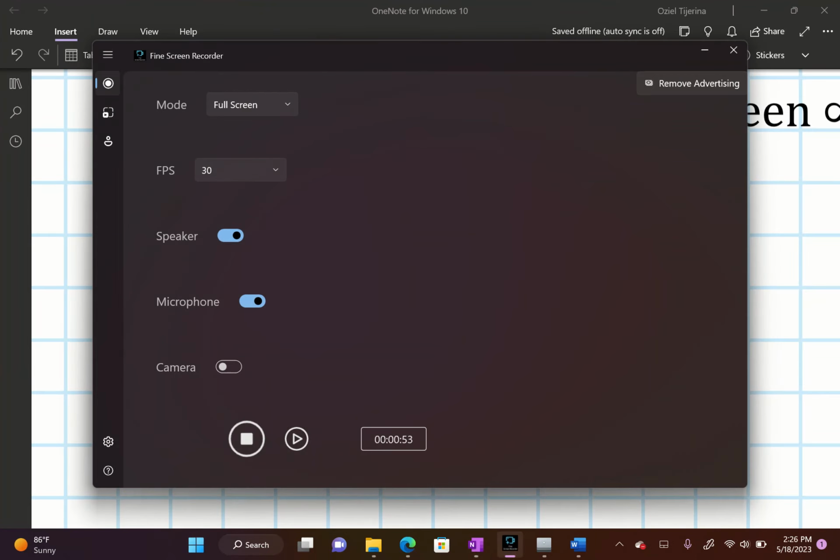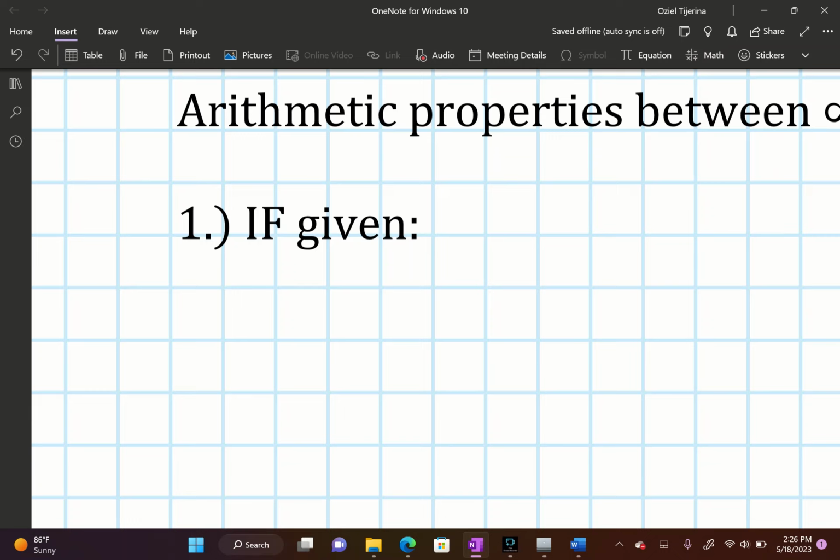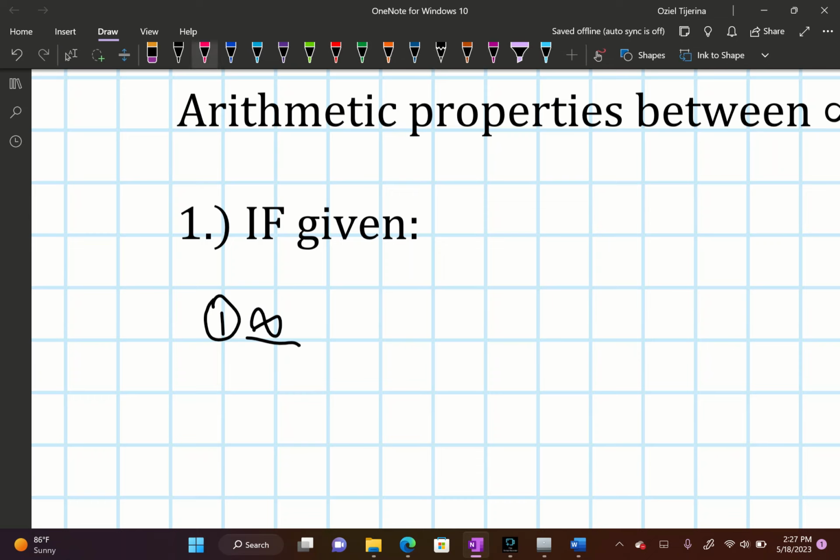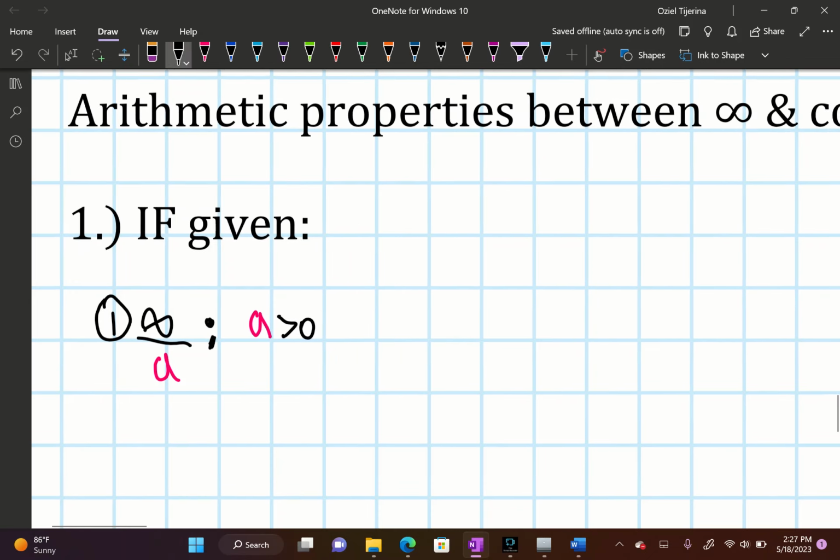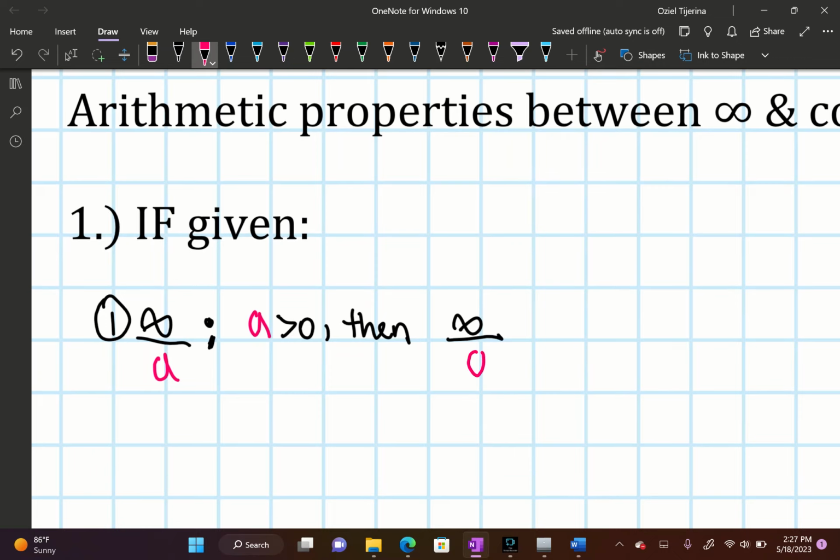Number 1: if given infinity over some number a, such that a is greater than 0, then infinity over a is really just going to equal infinity.